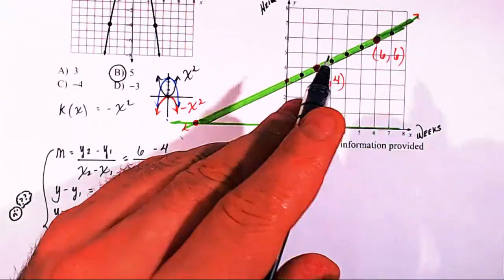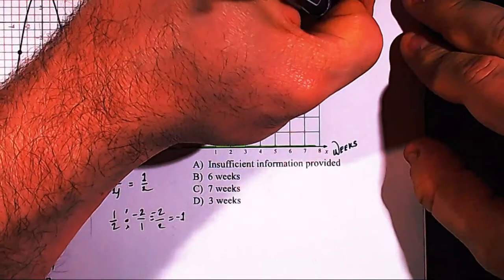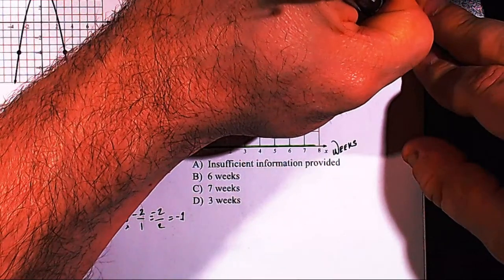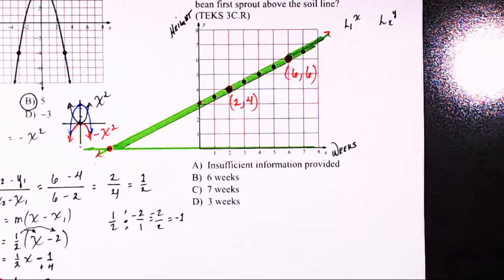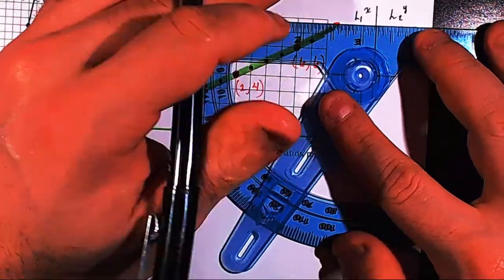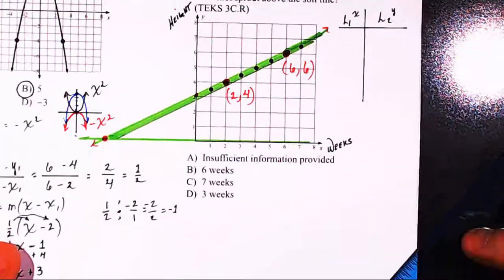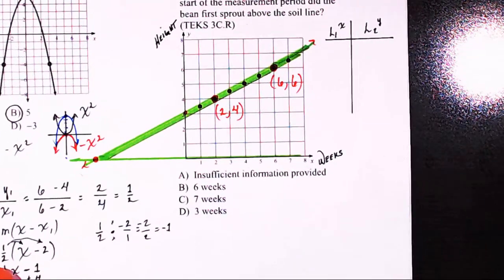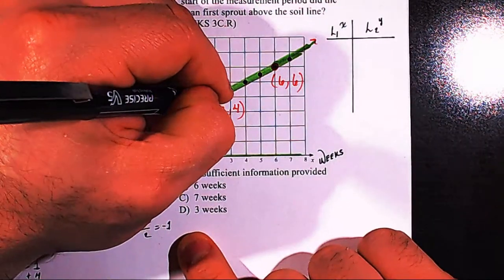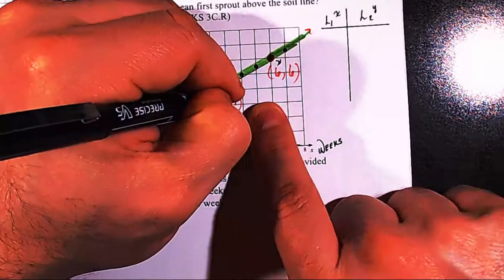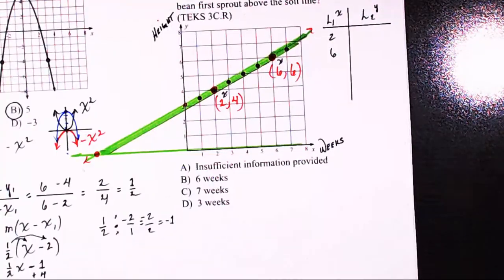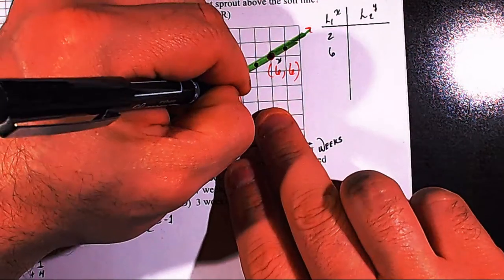But for the time being, we can actually just create an L1, which is the x values, and L2, which is the y values. I mean, I would prefer that you do it by hand, but what I really prefer is that you get the correct answer on the STAAR test. So for L1, we're going to put our x values, and that would be 2 and 6. And then these are our y values, 4 and 6.